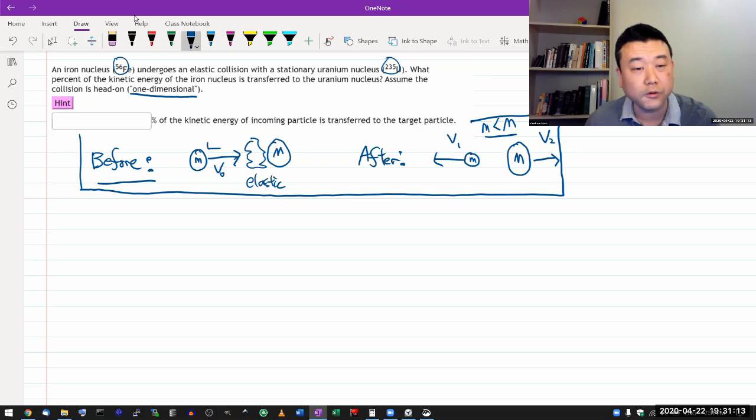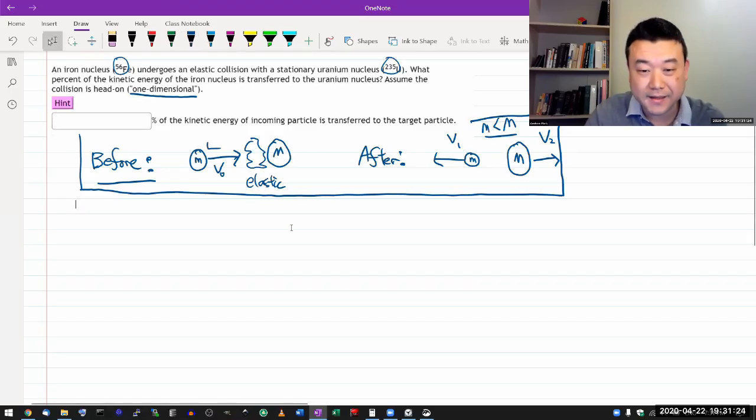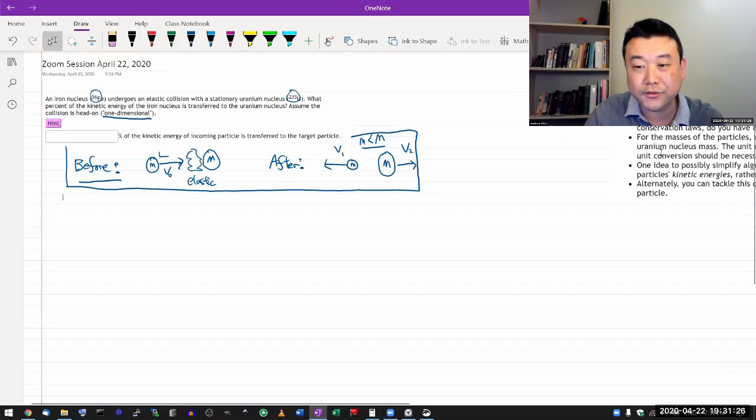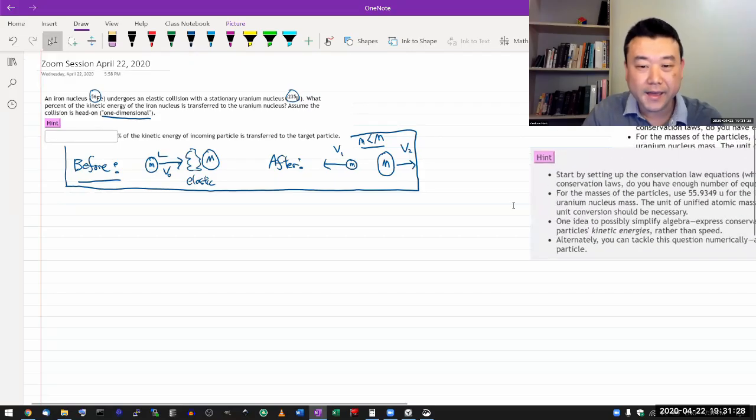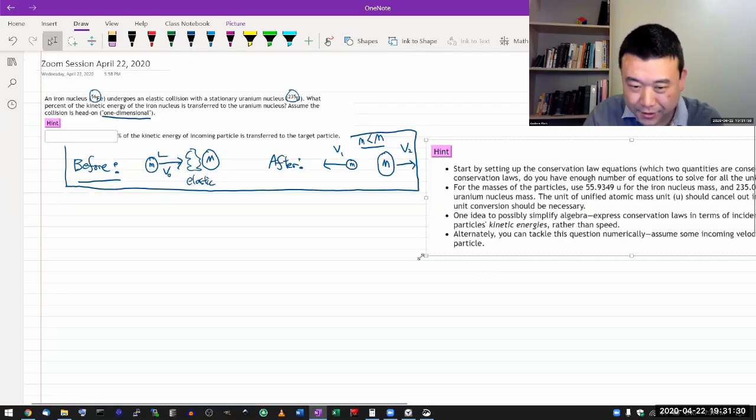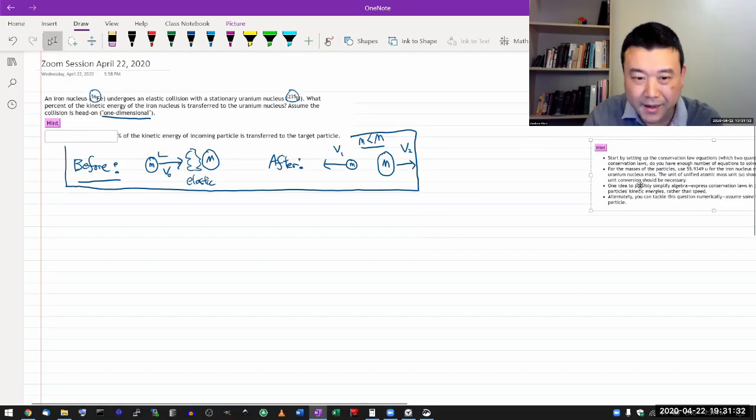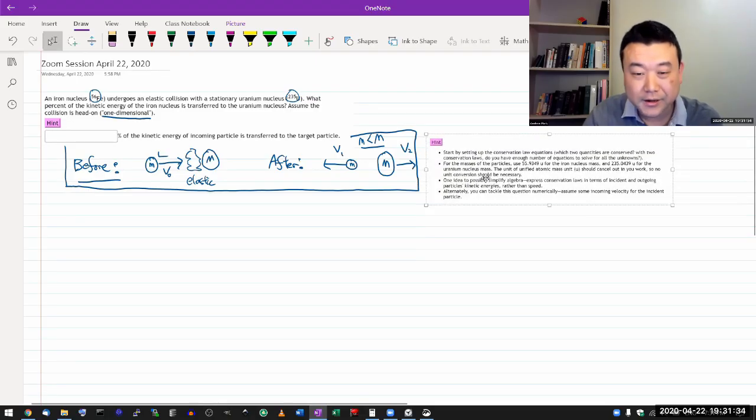Like you wrote down a bunch of equations and then you can't quite solve it algebraically. You keep getting stuck when you try different things. So that's what the hint that I give is meant to address. And I think I tried to give as much hint as I could without giving away the answer.